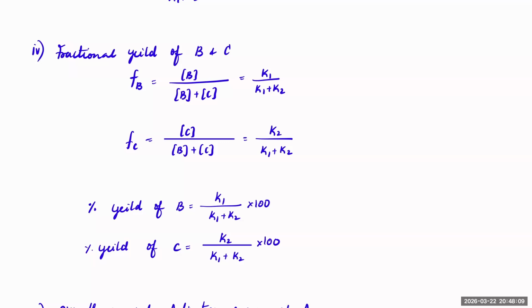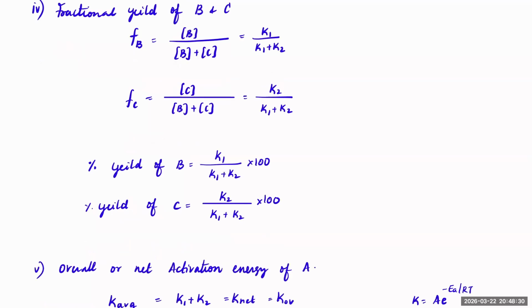Fraction of B is how much B is formed with respect to the total products formed. So total product is B plus C, and B with respect to this total will be equal to k1 by k1 plus k2. So the percentage yield of B will always be equal to k1 by k1 plus k2 into 100. And percentage yield of C will be equal to k2 by k1 plus k2 into 100. Got it? I suppose this factor is also clear, everyone.